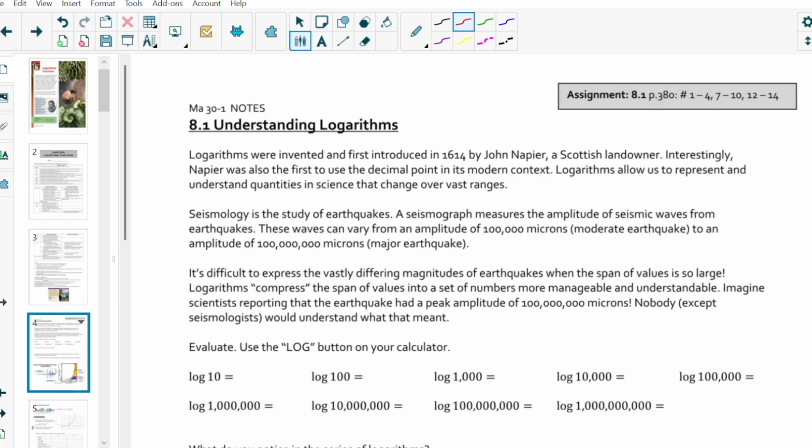Okay, let's talk about the story of logarithms. Logarithms were invented and first introduced in 1614 by John Napier, a Scottish landowner. There are other interesting factoids about John Napier, but what do logarithms do? They allow us to represent and understand quantities in science that change over vast ranges.